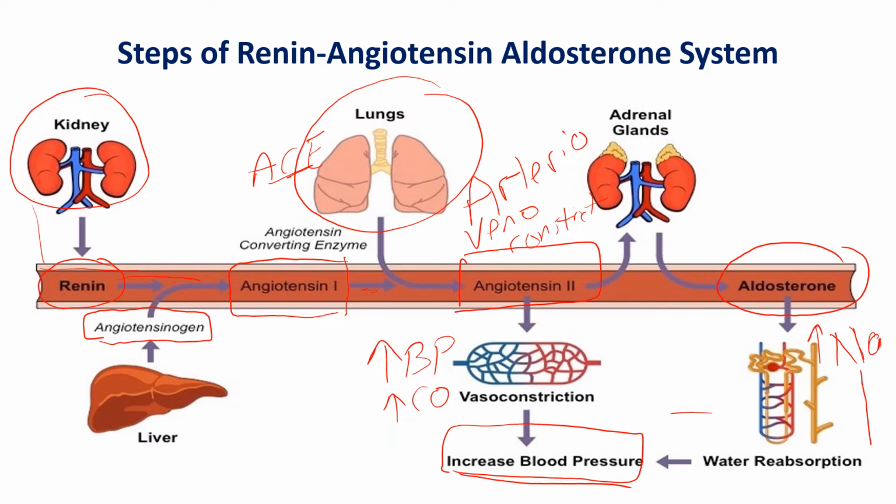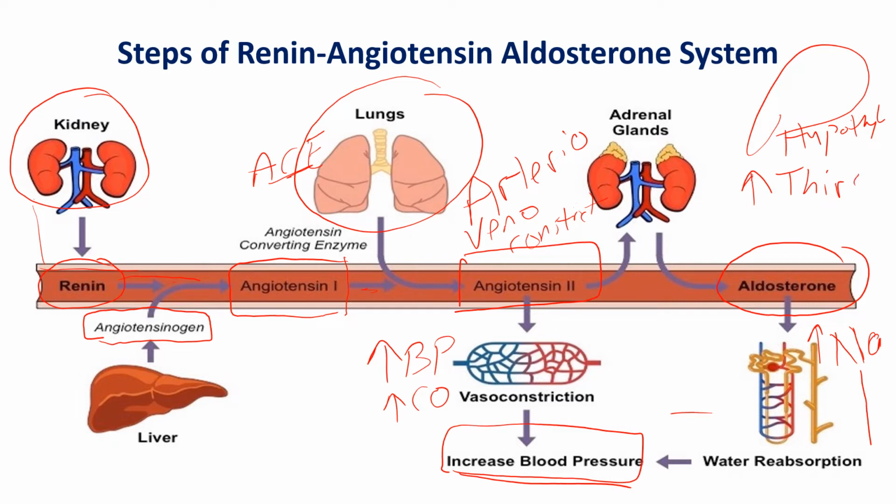At the same time, angiotensin 2 is also present in the hypothalamus. So here's your brain. So hypothalamus area. What will happen is angiotensin 2 will act on the hypothalamus, which will increase thirst.